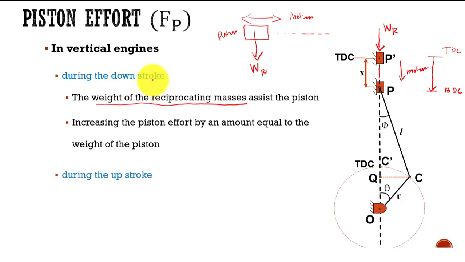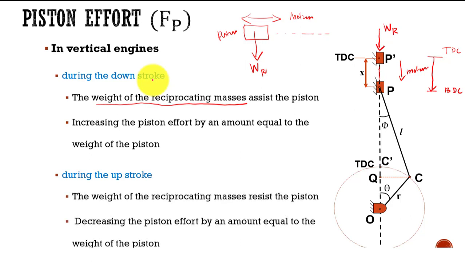Now let us see what would happen during the upstroke. During the upstroke, the piston moves from BDC to TDC, so the motion is in the upward direction. On the other hand, weight is always going to act in the downwards direction, due to gravity, so it opposes the motion.